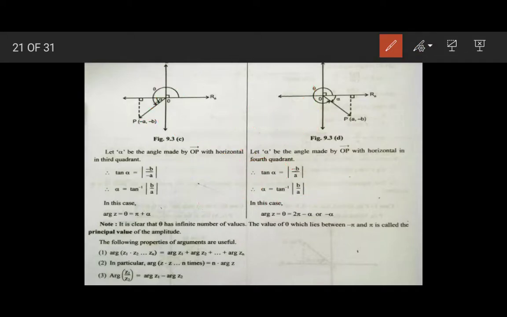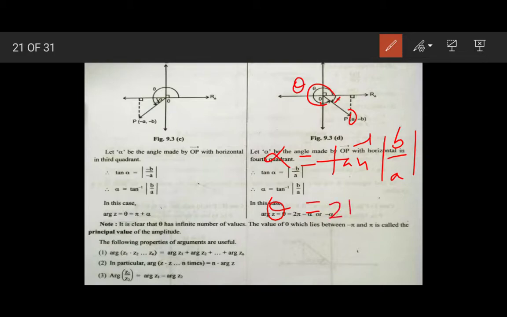Then the fourth case is when A is positive but B is negative. If A is positive and B is negative, then the point will be in the fourth quadrant. In the fourth quadrant, alpha is again tan inverse B upon A. This much angle is alpha, and from here to here this much part is theta.